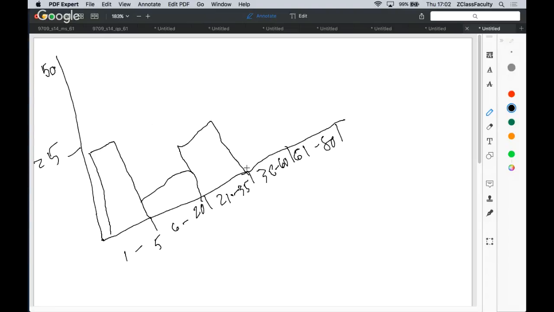What is on your y-axis? The y-axis should be the frequency. So the way you draw it here is a frequency. I think that's fine.